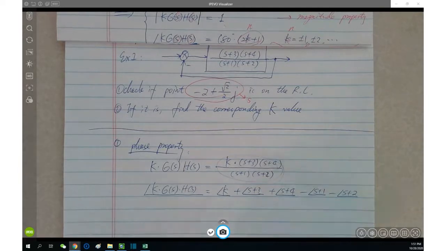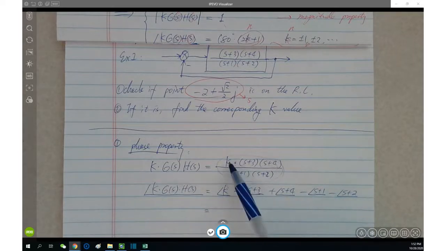And if this is fine, then let's see what is the angle for each one of them. So angle of K equals to what? By the way, this angle of a polynomial means the angle of the polynomial. You just need to understand what I mean here.